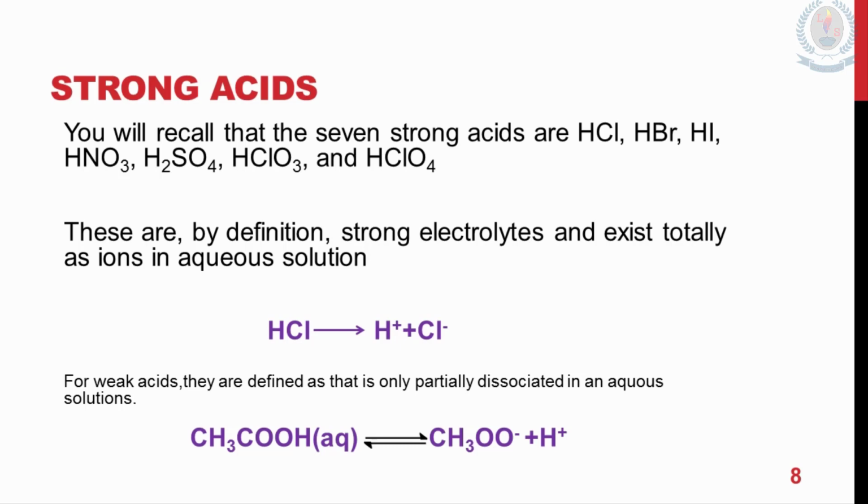This is an example of a weak acid, ethanoic acid. You can see the dissociation. When we are writing a dissociation reaction of a weak acid, we have to put this type of half arrows for a reversible reaction. That's about acids.